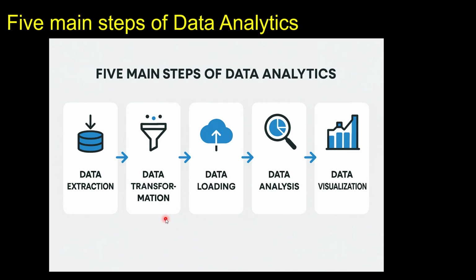The second step in the data analytics process is called data transformation. This is one of the most important steps because the data we collect at the beginning, what we call raw data, is often messy, unorganized, and hard to work with.